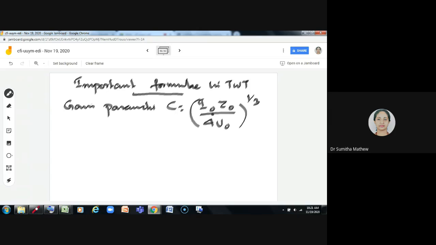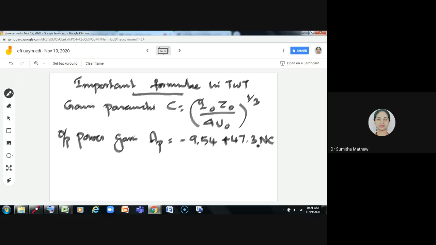Another formula is for output power gain: AP is equal to minus 9.54 plus 47.3 N into C. No derivation for all these, simply learn the formula.